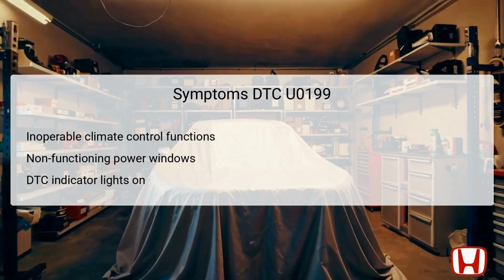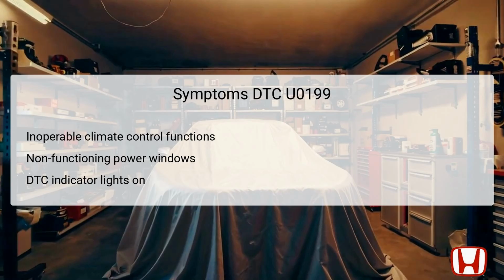The symptoms associated with DTC U0199 are typically noticeable and may include inoperable climate control functions within the vehicle. Drivers may find that they cannot adjust the temperature or airflow systems, leading to discomfort. Additionally, the power window functions might fail, preventing users from opening or closing windows from the master control switch.